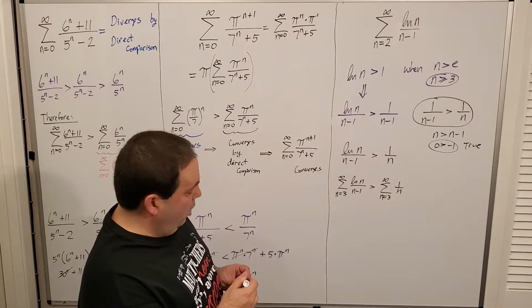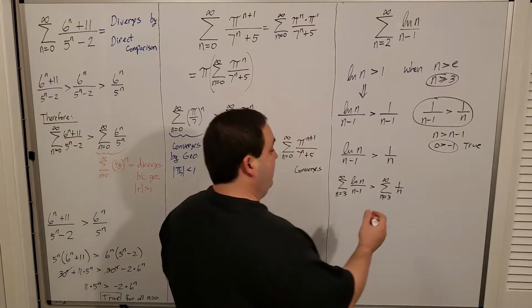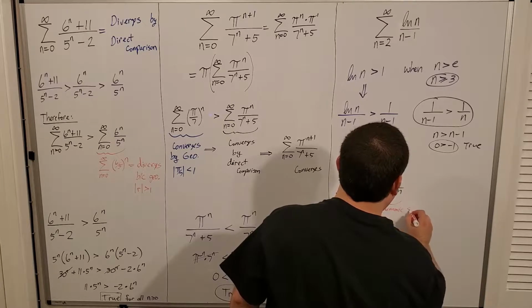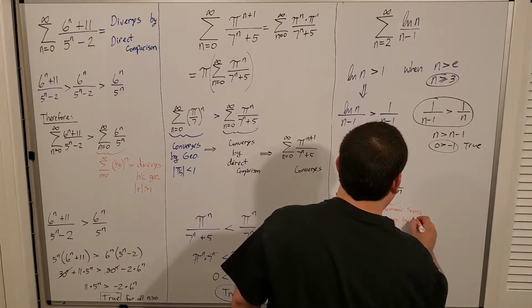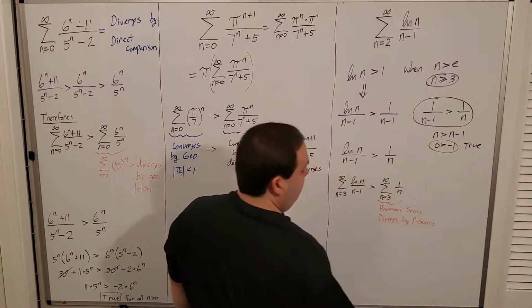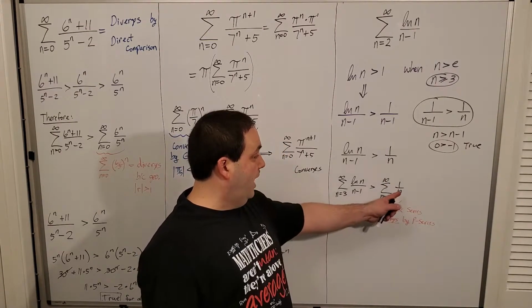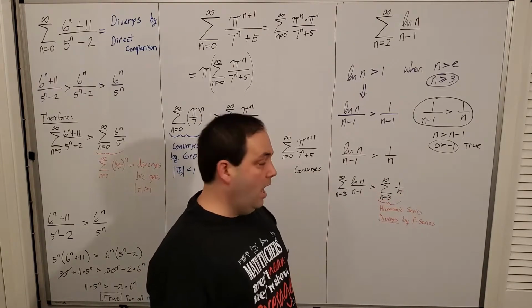And we already know from our p-series, and actually, a few other things, that this is the harmonic series that diverges. Right? Diverges by p-series because p is equal to 1. For a p-series to converge, remember it has to be anything greater than 1 for my power on the n in the denominator.